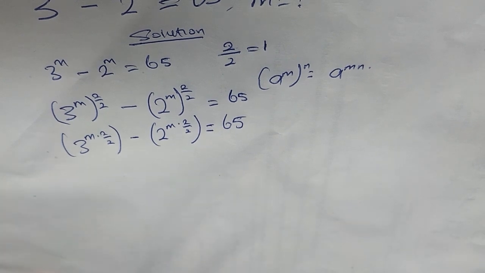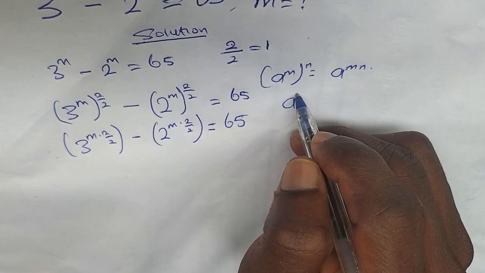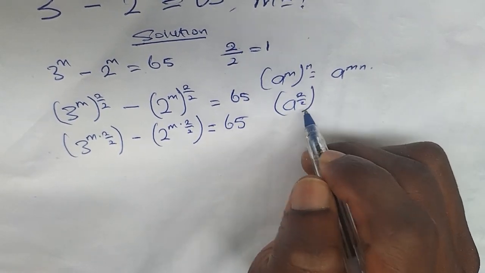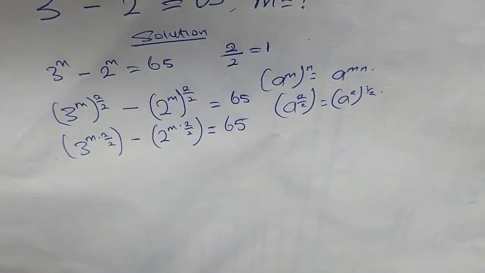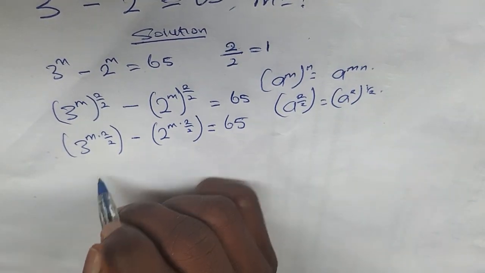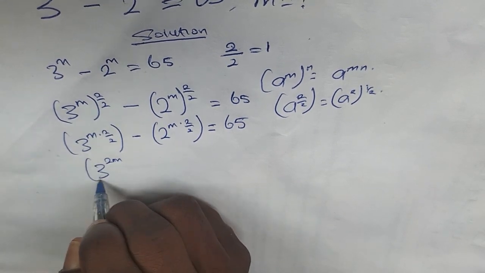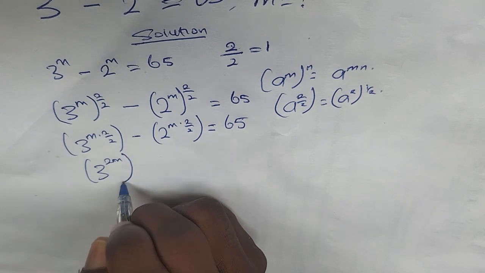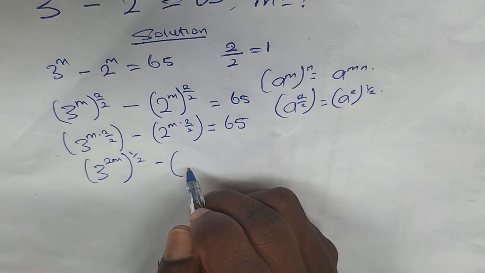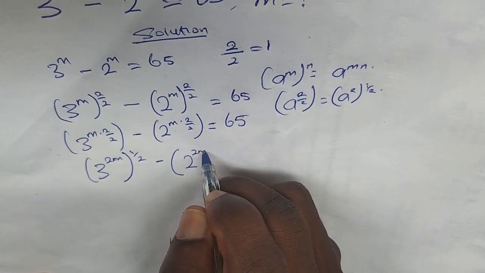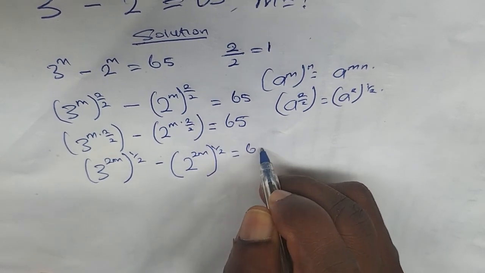Recall from your indices rule again, if you're having a to the power of 2 over 2, we can write this as a to the power of 2 to the power of 1 over 2, right? If we apply this rule here, we can simply write this as 3 to the power of 2m, all to the power of 1 over 2, minus 2 to the power of 2m, all to the power of 1 over 2, is equal to 65.